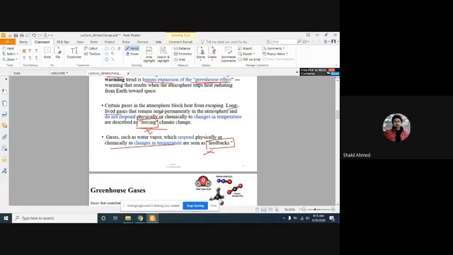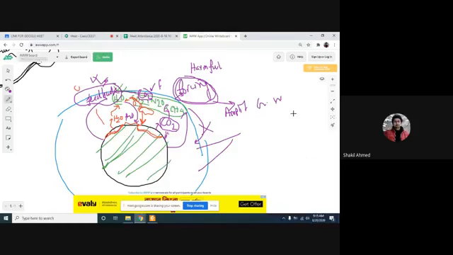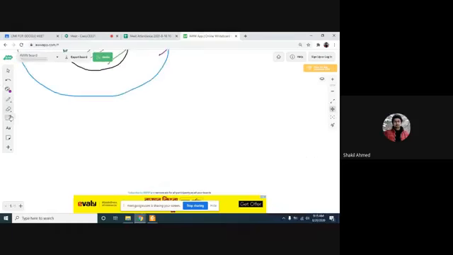Long lived gases remain semi-permanently in the atmosphere and do not respond physically or chemically to changes in temperature and are described as forcing. So if I simplify it again, this is the earth, H2O came here, and this H2O is contributing to amplified warming.